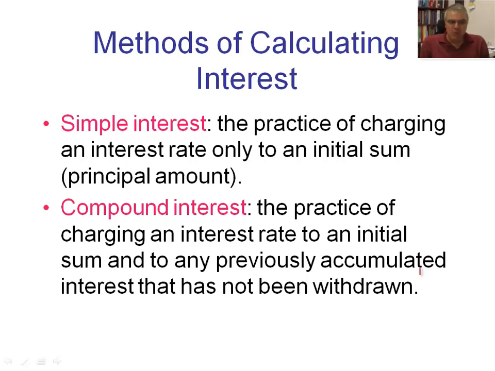The real money managers and bankers use compound interest. Compound interest is used in almost every economic calculation performed today. It's the practice of charging an interest rate to an initial sum and to any previously accumulated interest that has not been withdrawn.